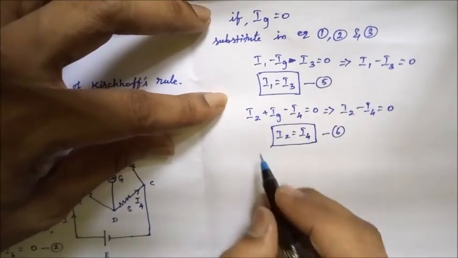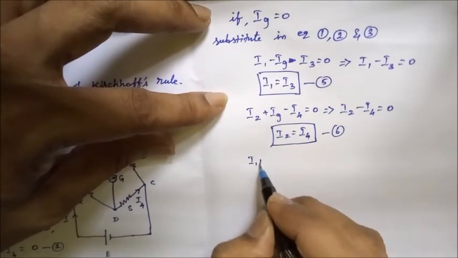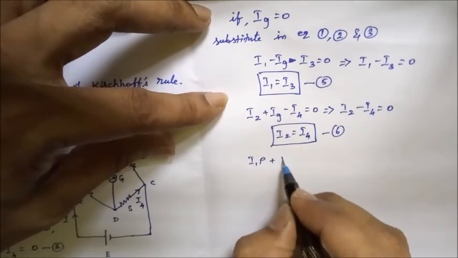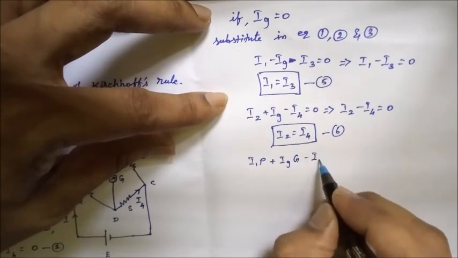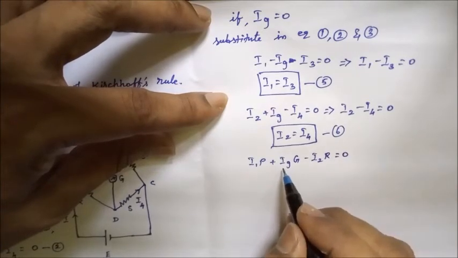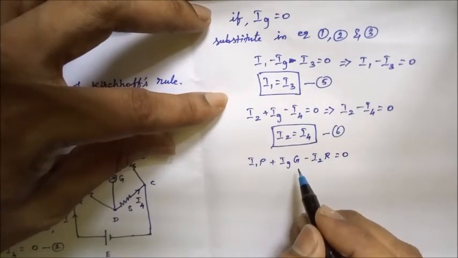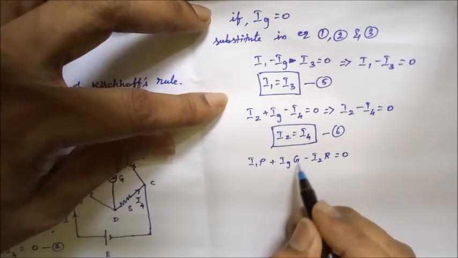Next we have to apply it in equation number 3. What is equation number 3? I1P plus IgG minus I2R equal to 0. Now Ig is 0, and 0 times anything is 0, so the middle term becomes 0.